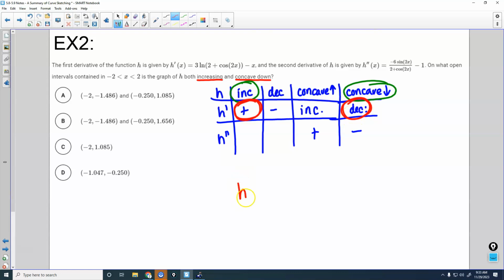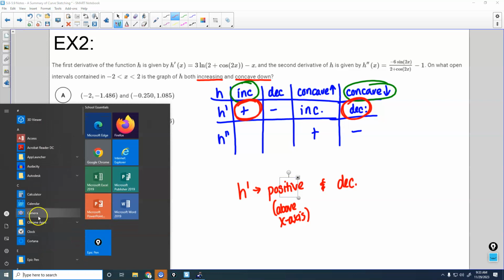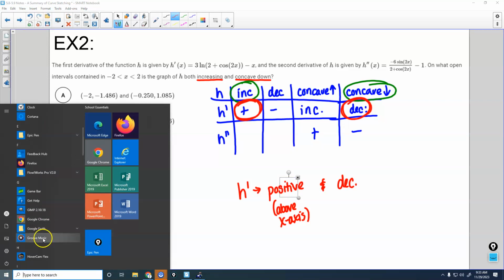So we want h prime to be positive, which means above the x-axis, and decreasing. And if we can find those places on our graph, then we don't have to really worry about that second derivative at all.